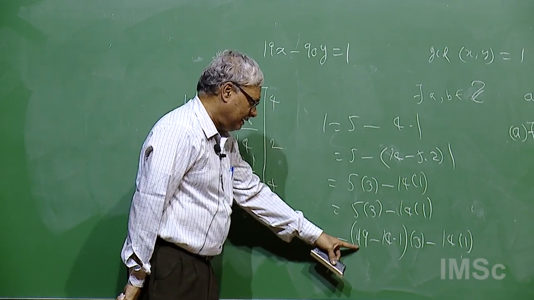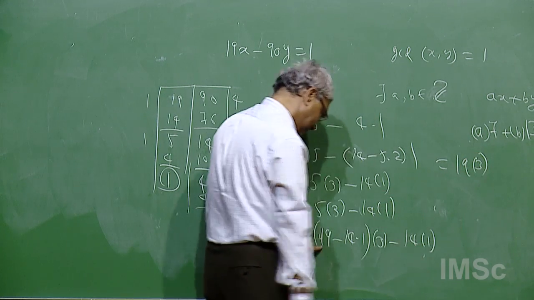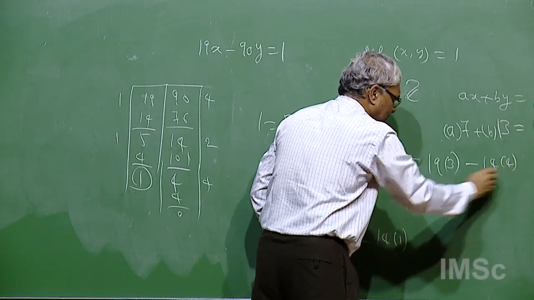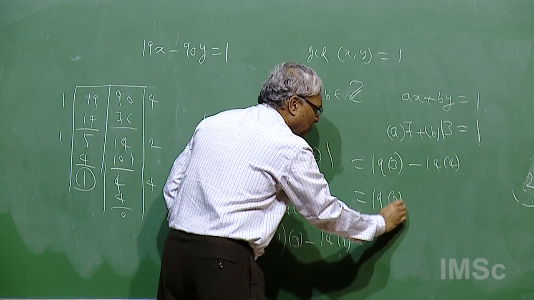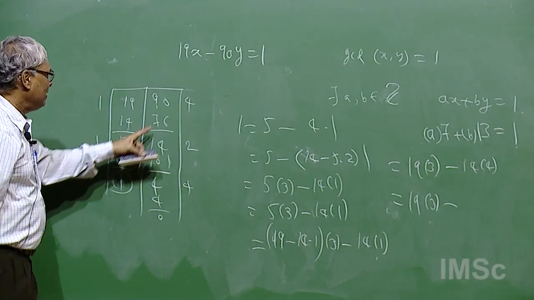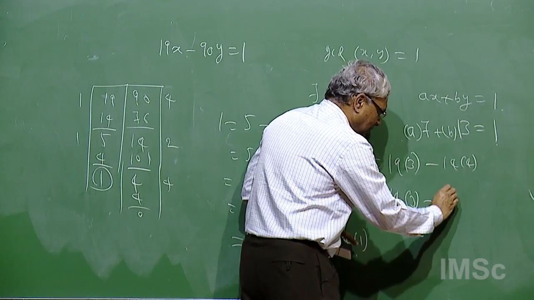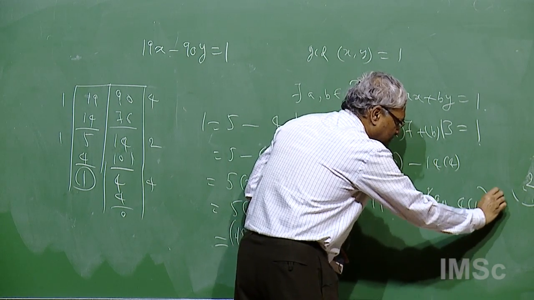So this is 19 times 3 minus 14 times 4. Okay, 57 minus 56. And finally, we substitute for 14. So 14 is 90 minus 4 times 19.